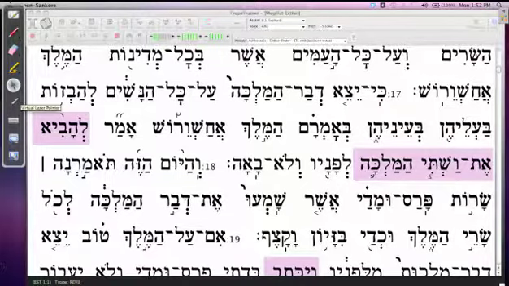Again, Kadma Darga Tevir. Okay, and step 2, Lehavi et Vashti Hamalka. Lehavi et Vashti Hamalka. Okay, step 1 or step 3. Let's do that one more time.